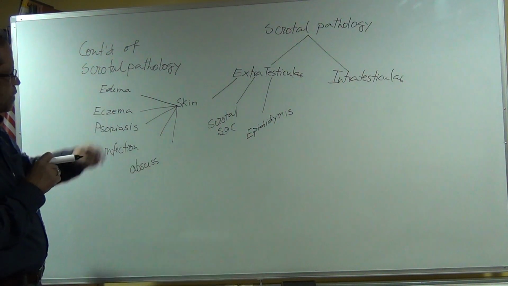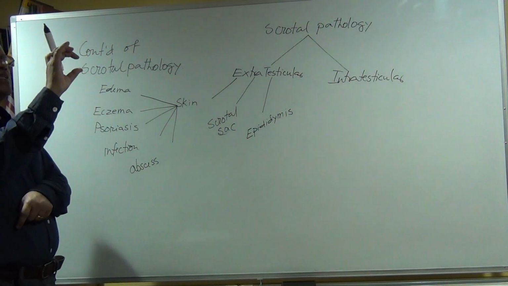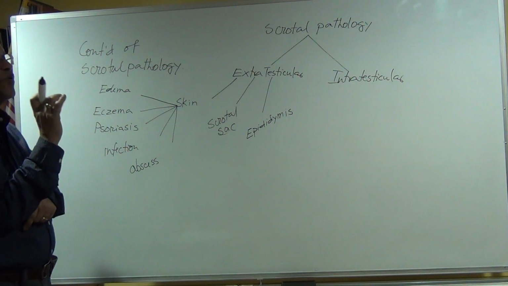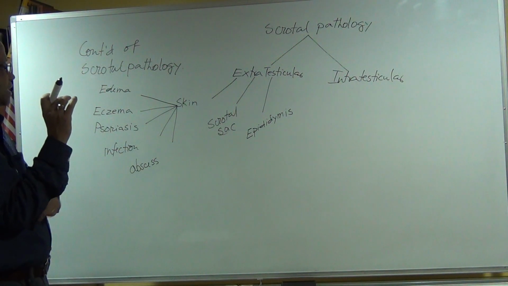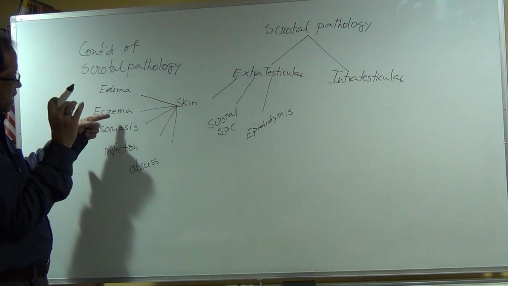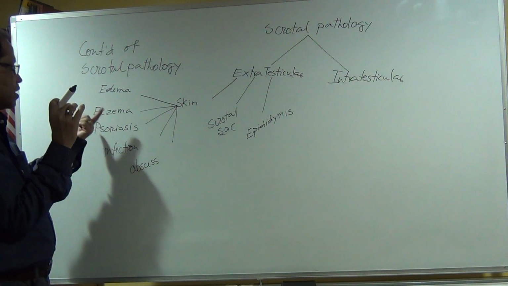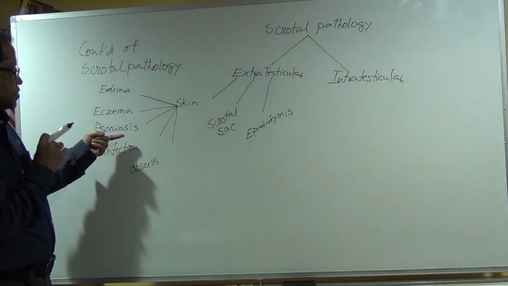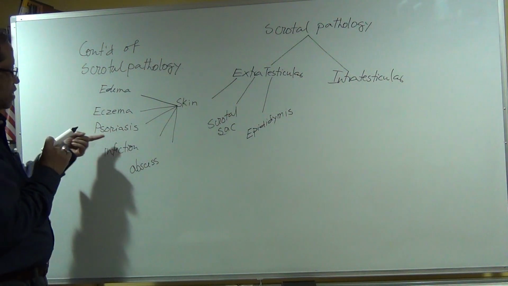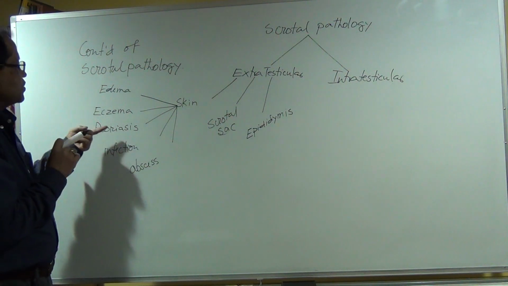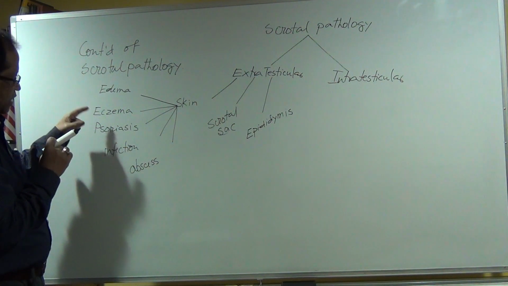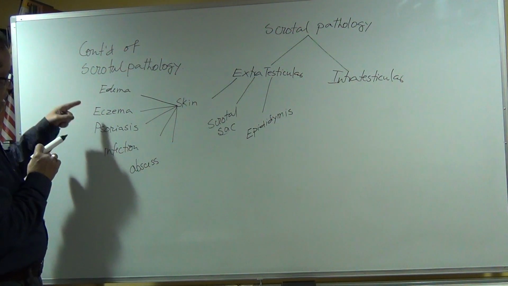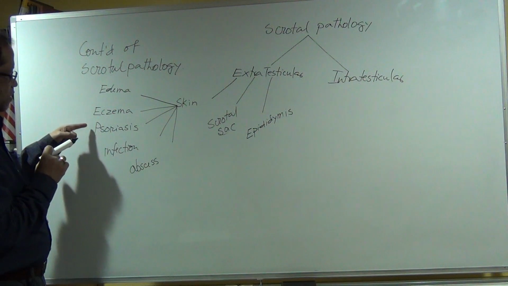When there will be edema, then you will see that it is thick and it is hypoechoic. Then eczema, infected eczema, non-infected eczema, dry eczema. Psoriasis, these are dry, scaling, a lot of dead tissues you can see. But there will be a lot of fibrous tissue development.